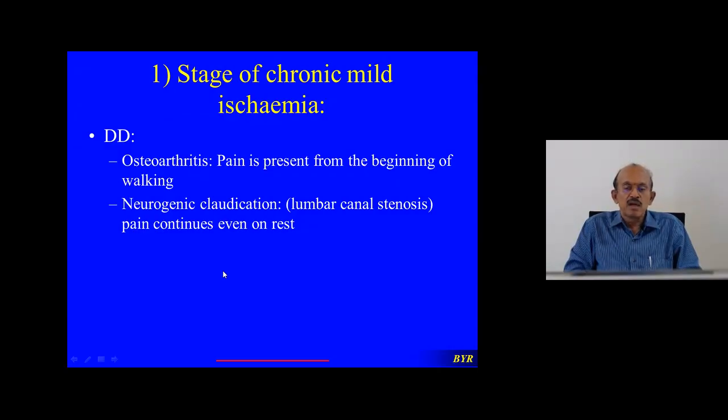Because there is obstruction or pressure over the nerve, the blood supply gets impeded. That produces severe pain. So here, the pain will be there even after taking rest, unlike in muscle pain, where it is relieved by rest. So this is the way you differentiate between neurogenic claudication and intermittent claudication.